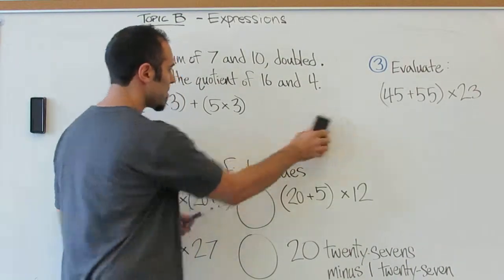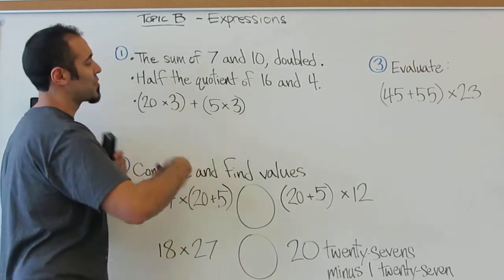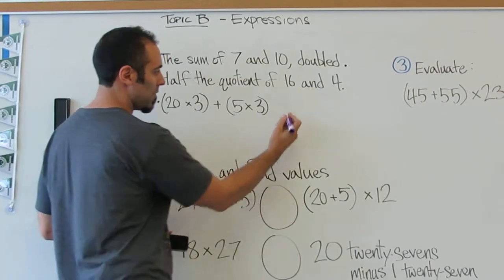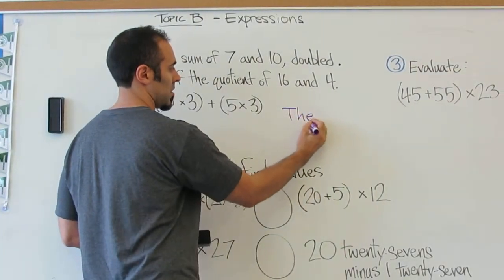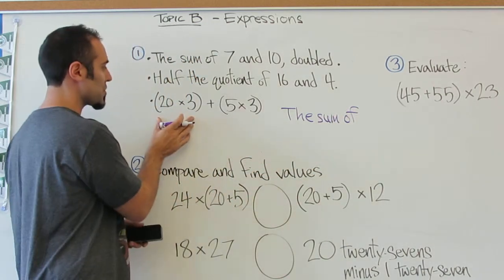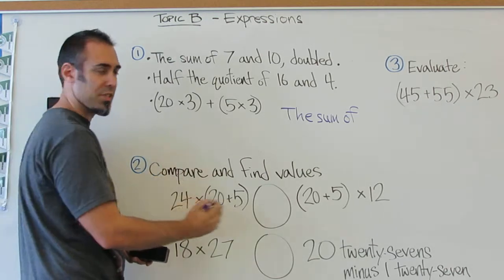Next, the kids are also going to have to know how to take the numbers and go from there and translate it into words. So this might be the sum of two different amounts. And the first amount we could write as 2 3s.